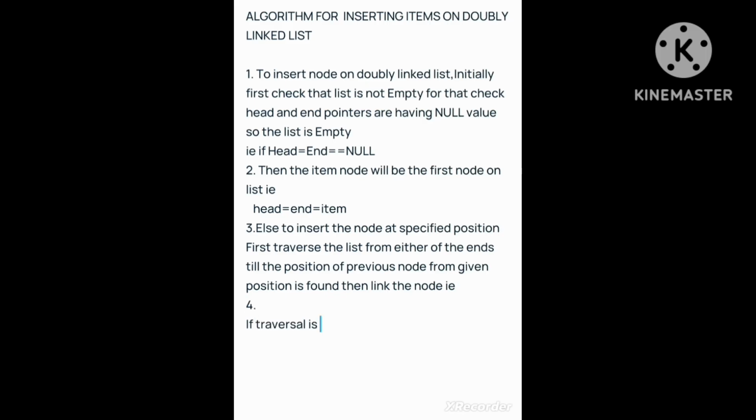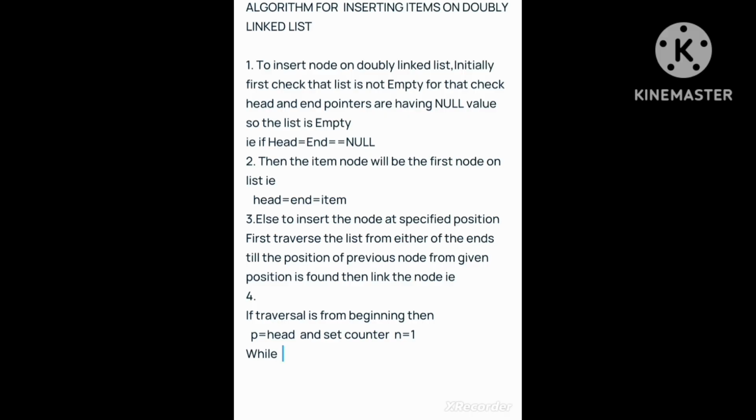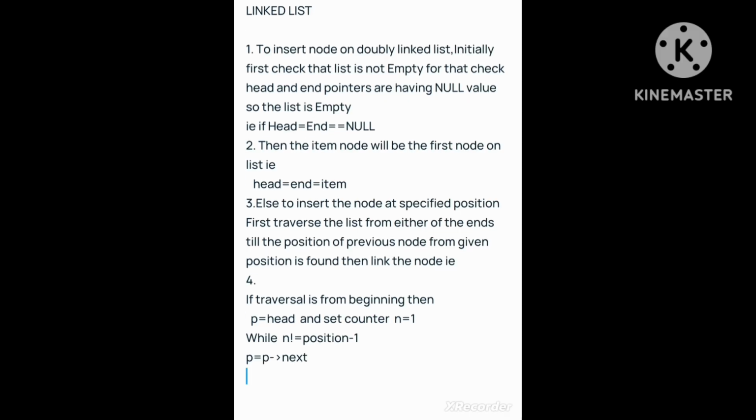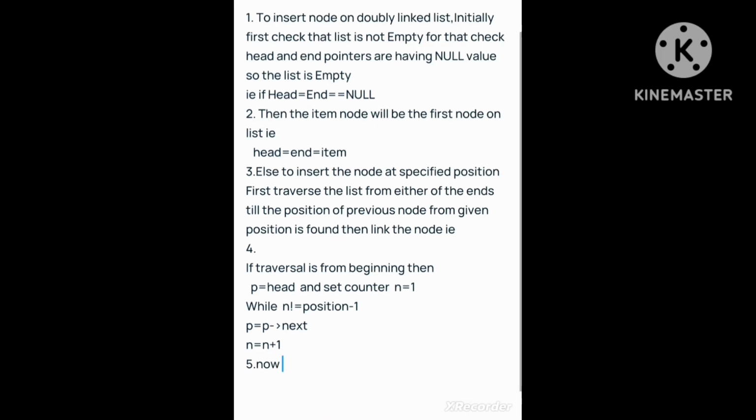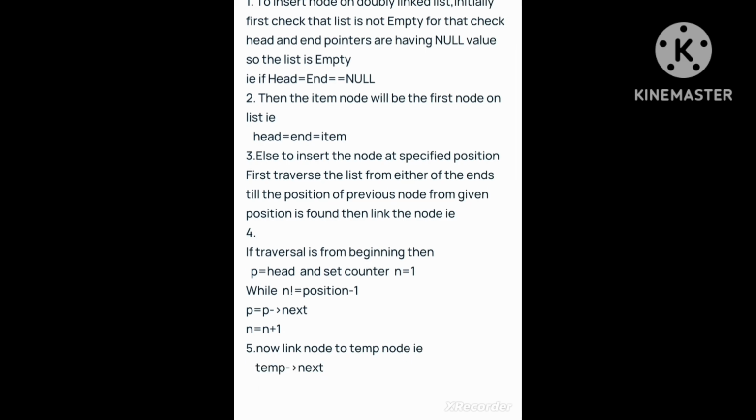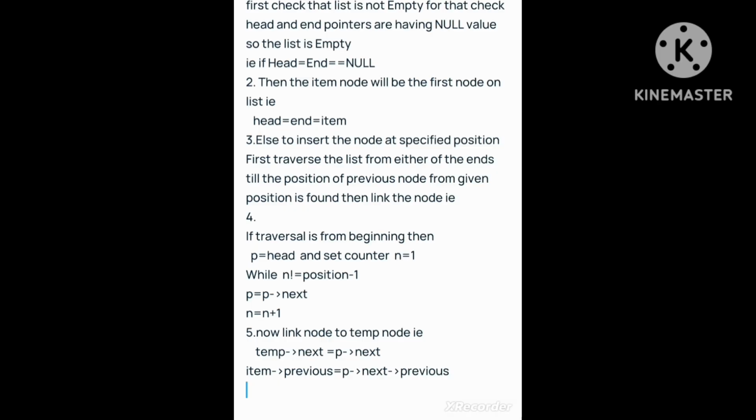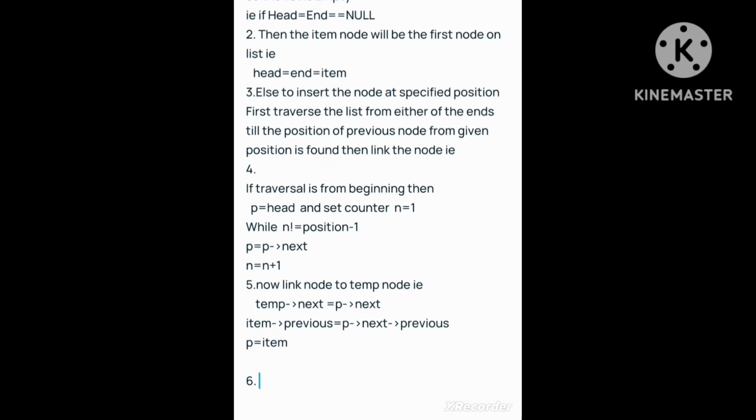We just have to traverse the nodes from the beginning till the prior node, where we have to insert the item node at the current position is found. Then we have to link both the next and the previous pointers of the item node to the node prior to and the node next to the current position. In this way our node is inserted from the forward direction.